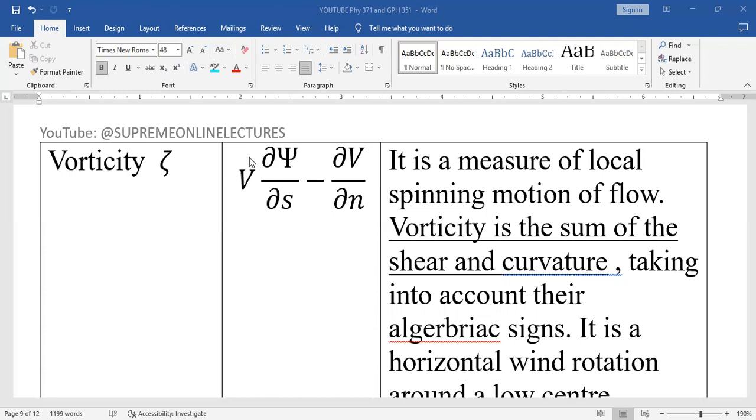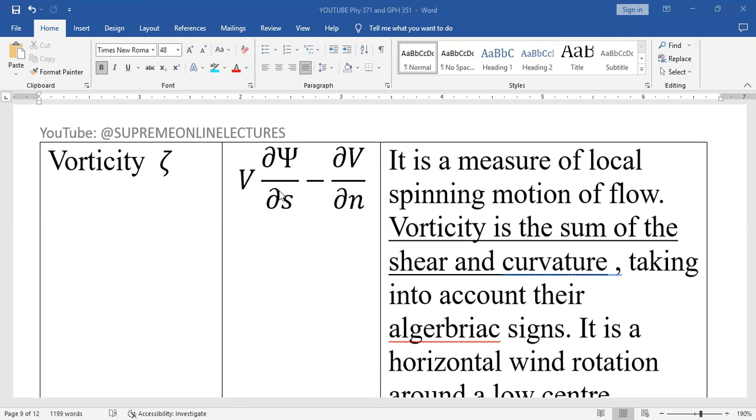So if you look at this mathematical expression here, you have the v dpsi over the ds and the dv over the dn. The dv over the dn here represents the shear, while v dpsi over the ds represents the curvature. When you add the two of them together, you get this.